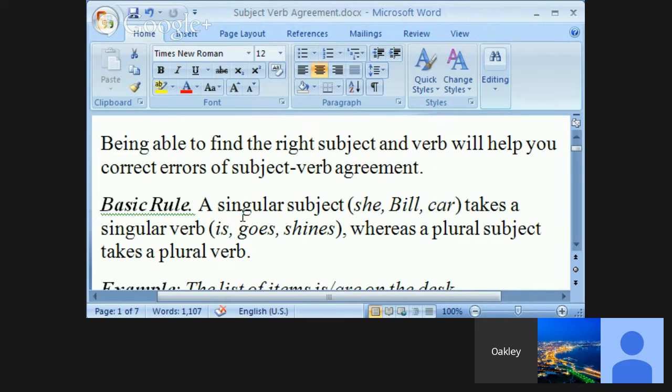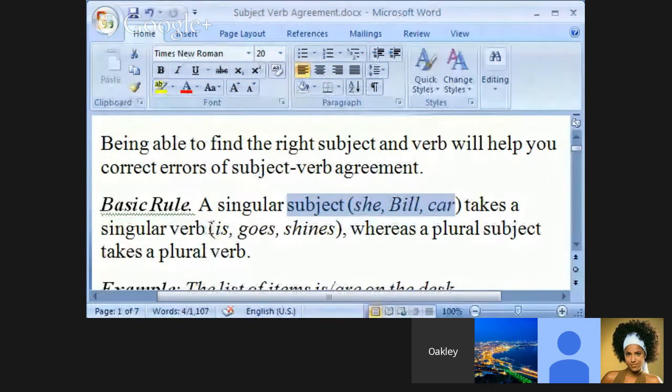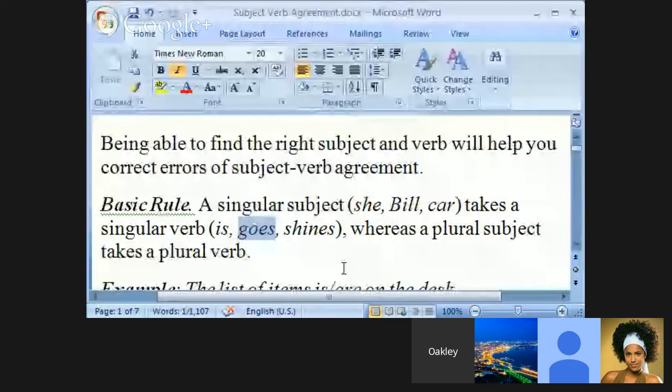The basics are pretty simple. A single subject, she, Bill, the car, takes a singular verb, as in the verb is. Bill is crazy. The car is ugly. She goes to the market every day. The car shines like the sun.